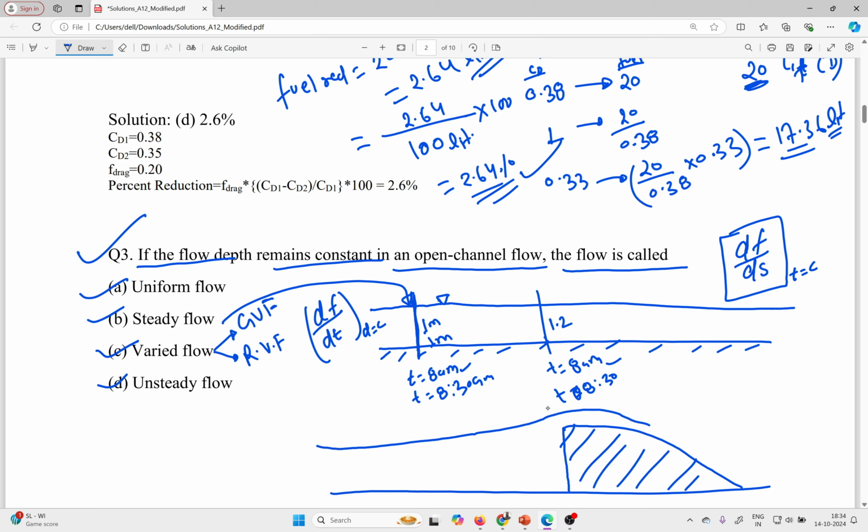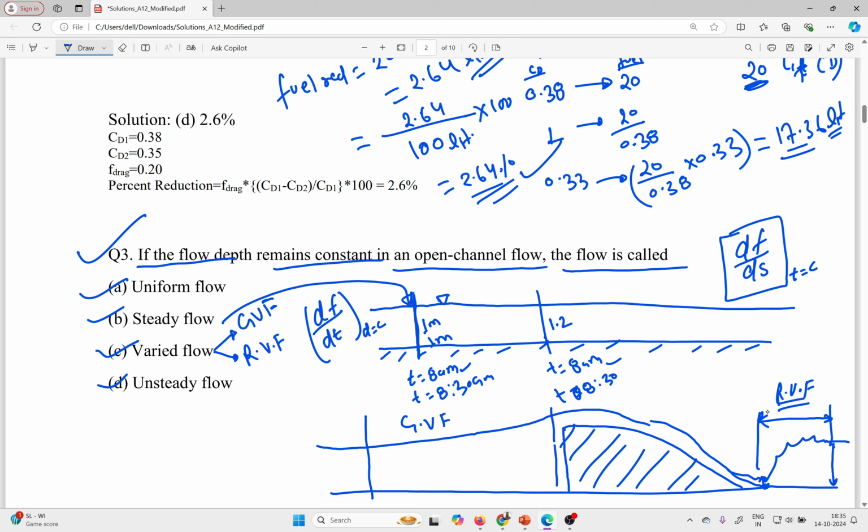So this is your gradually varied flow. Below the dam, what happened? Water level comes like that, and then makes a jump. Within a short length, your depth is changed comparatively more than if you look here. So this is your rapid varied flow.